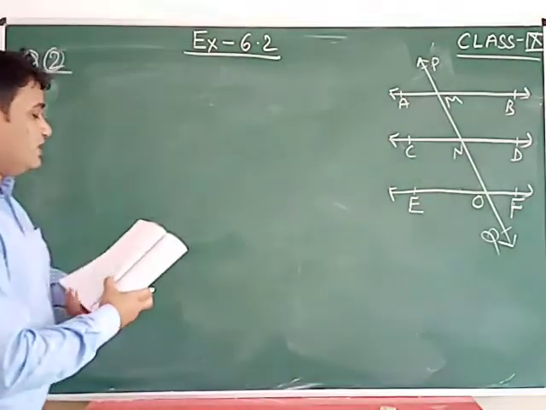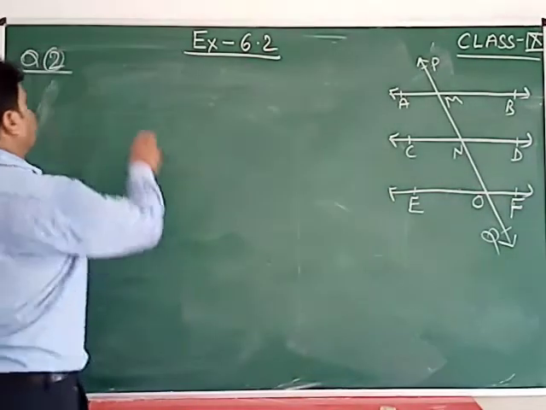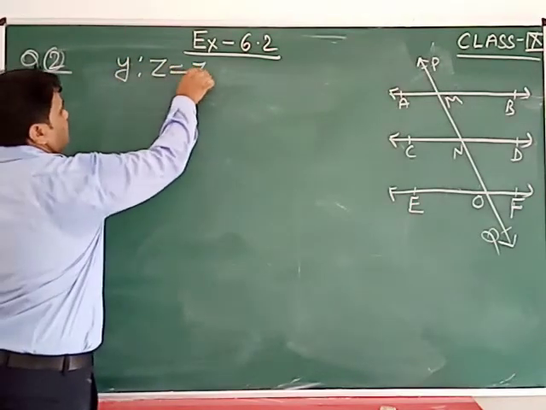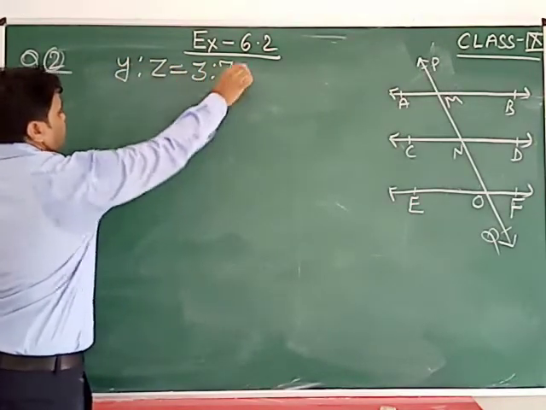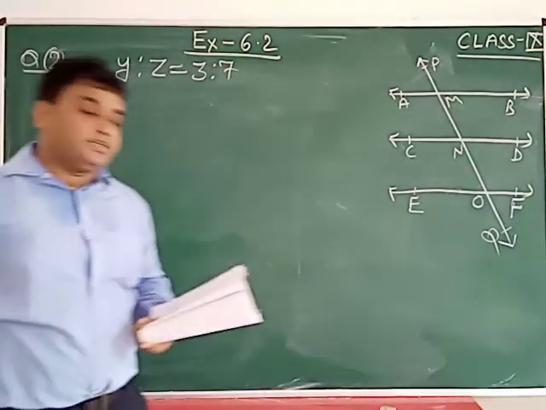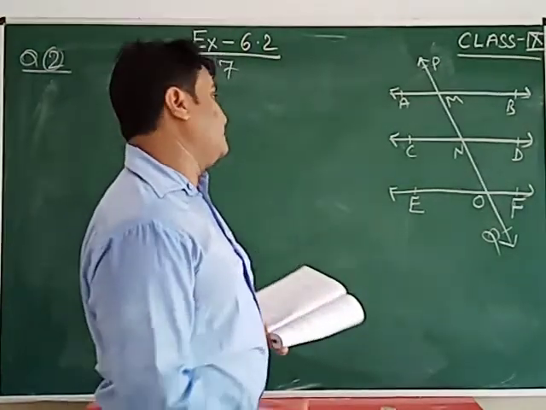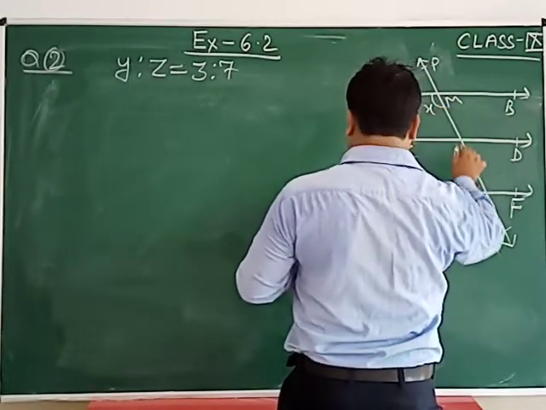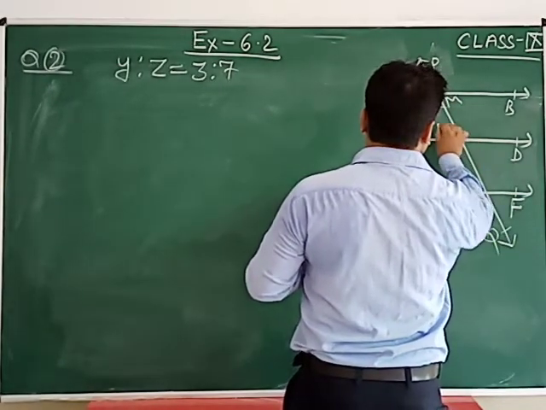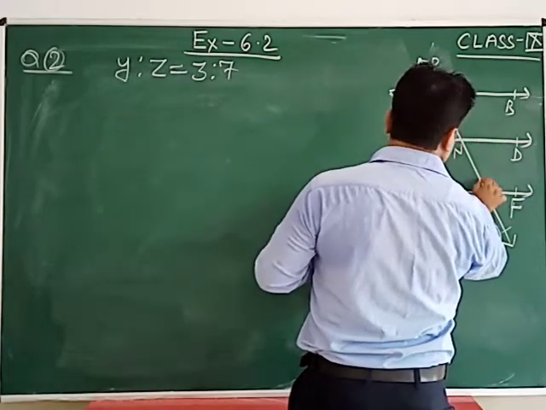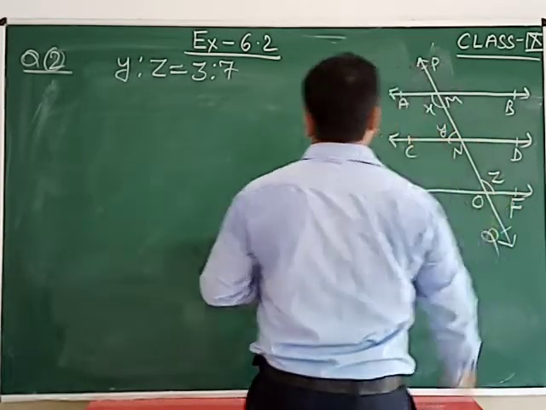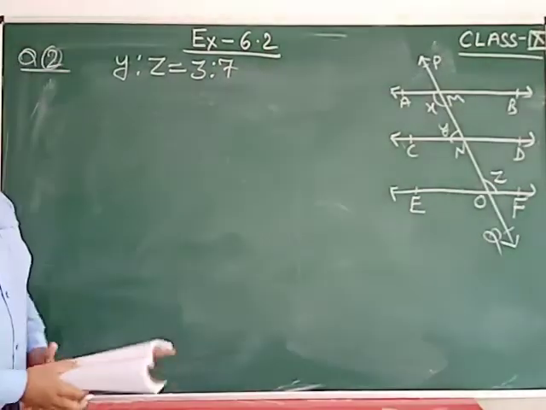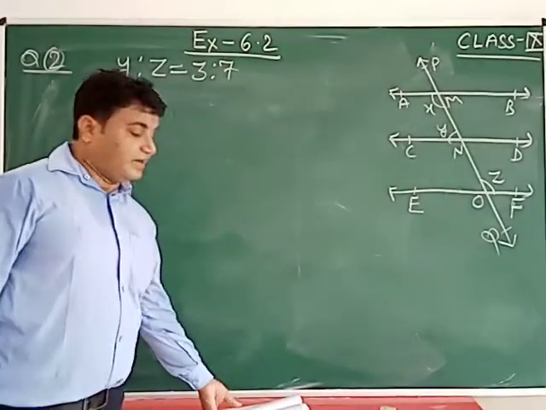It is given y ratio z equal to 3 ratio 7. We have to find x. This is x, this is y, and this is your z. Y ratio z equal to 3 ratio 7 is given. We have to find x.